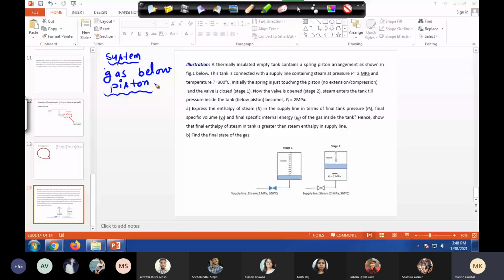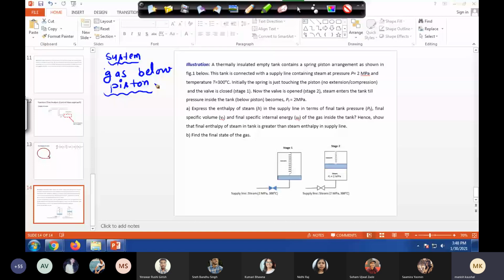So can anyone tell me, when I say gas below piston, is it a control volume problem or a control mass problem? Control mass? No, no, no. If you take the cylinder only, meaning I'm not taking the supply line, gradually the mass in the tank below the piston will increase, right?